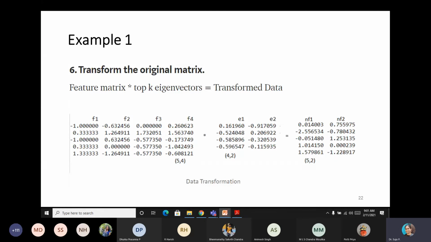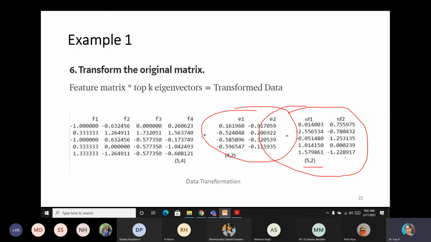We have done x minus mu by sigma, isn't it? So we take that feature matrix and multiply it with the 2 eigenvectors. This is 5 cross 4 and this is 4 cross 2, so you will get a 5 cross 2 matrix. Now this is the transformed data. This data only will be used for performing classification.